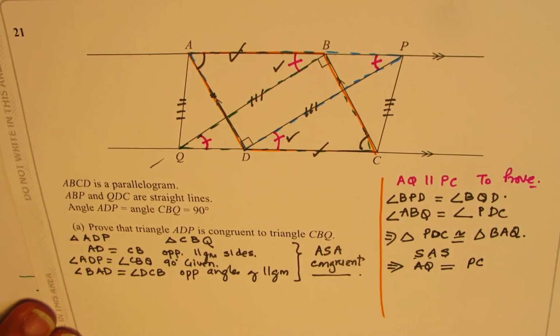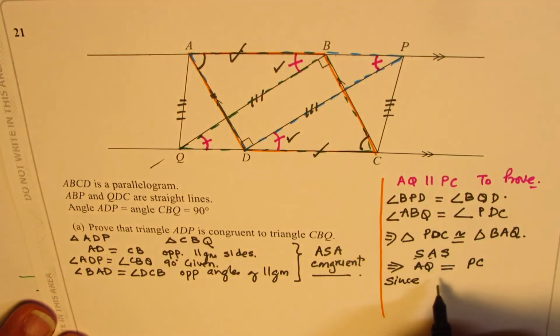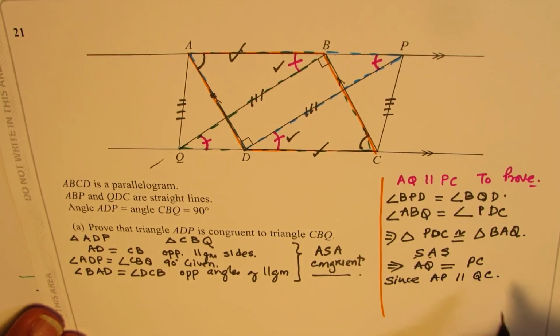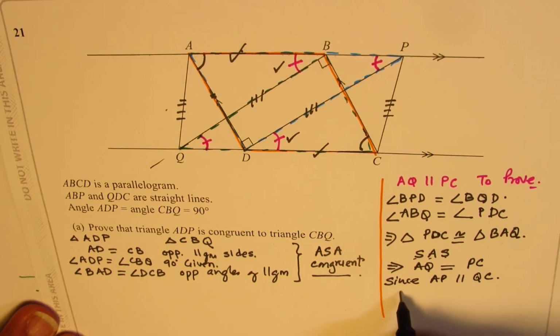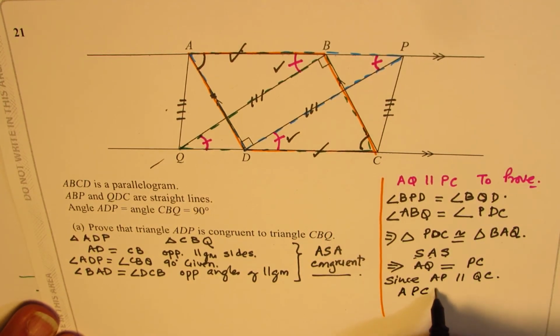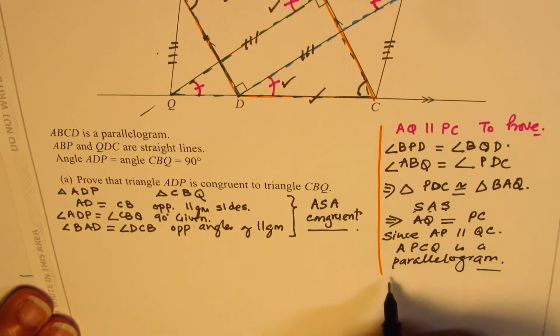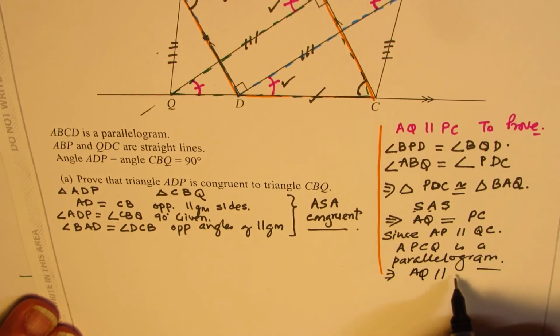Now since AP is parallel to QC, right, and they are congruent, right, therefore APCQ is a parallelogram. Correct? So that shows that AQ is parallel to BC.